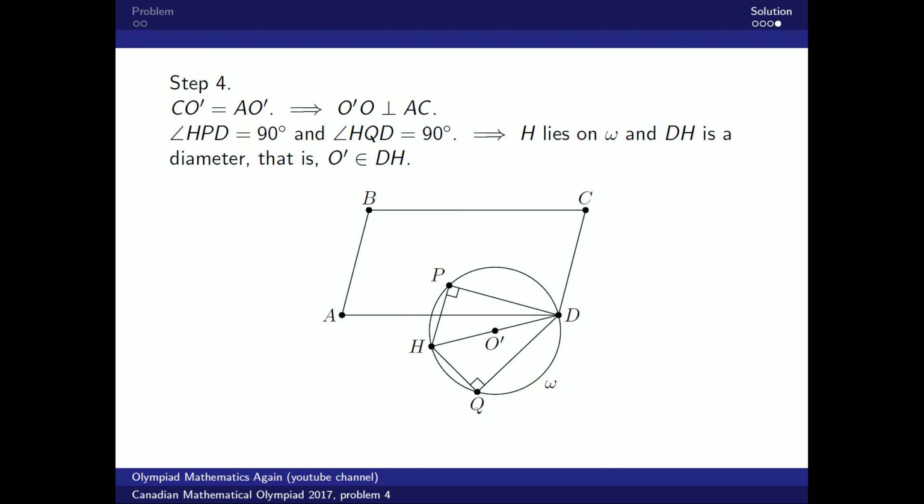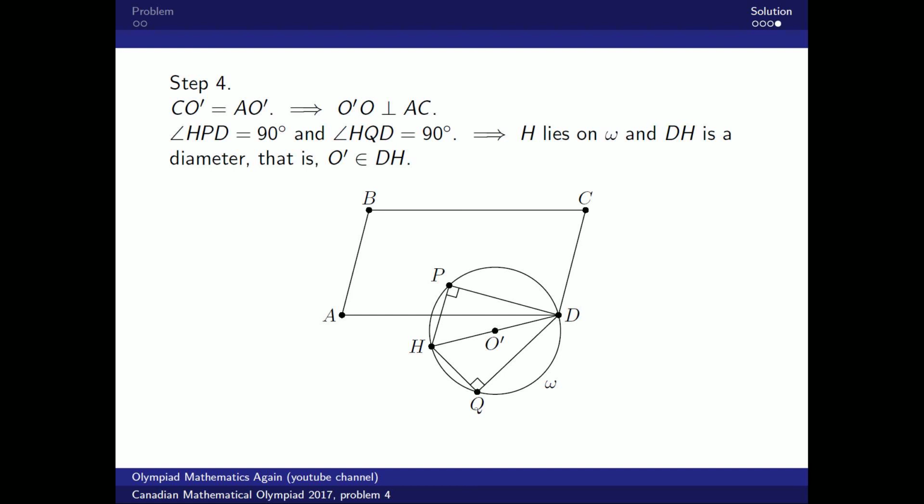So HD is a diameter in this circle, and by the way, H also lies on this circle omega, because in the quadrilateral HPDQ two opposite angles are equal to 90 degrees, so their sum is equal to 180 degrees, therefore it's an inscribed, or cyclic, quadrilateral, and H lies on omega.